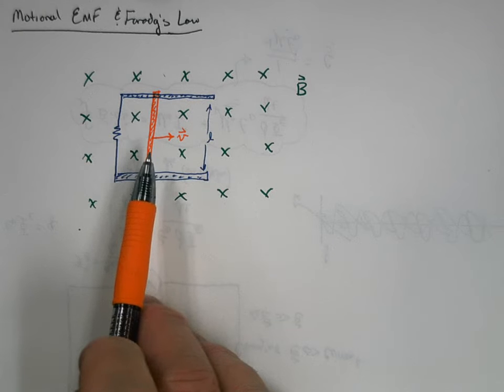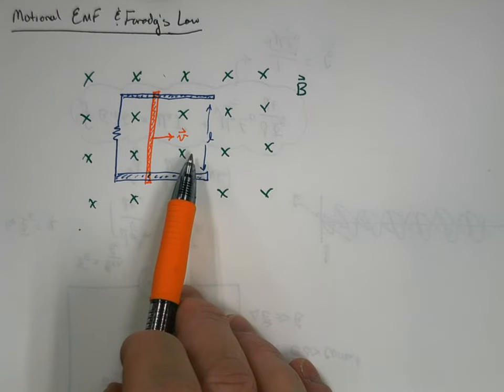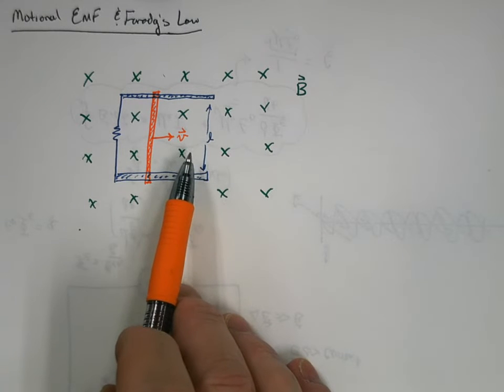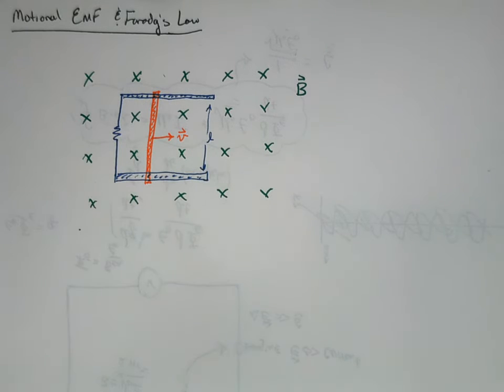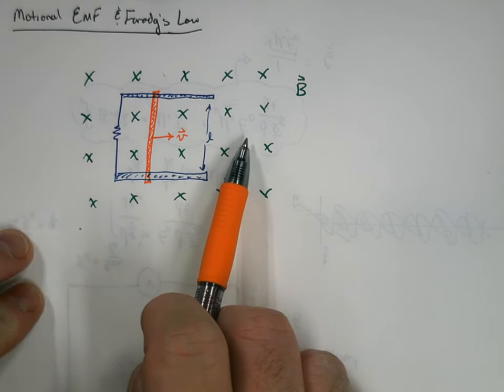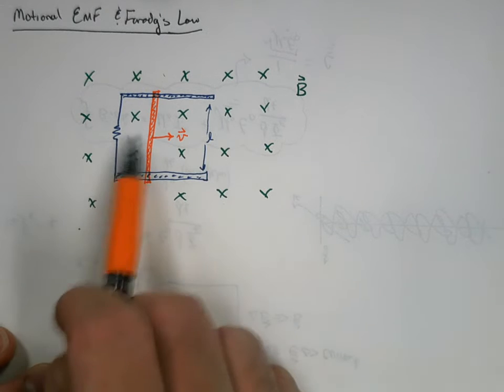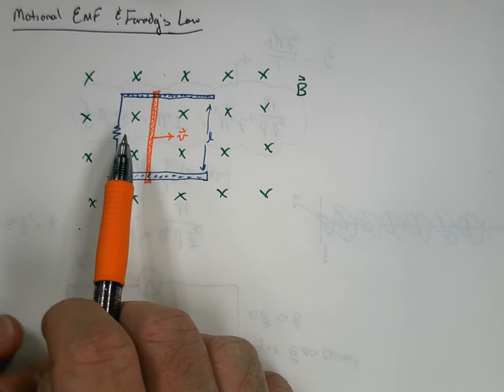So, if we move this rail, okay, what is happening to the amount of field lines that are in our loop? Okay, so if we slide this way, we start increasing the amount of field lines in the loop, right?